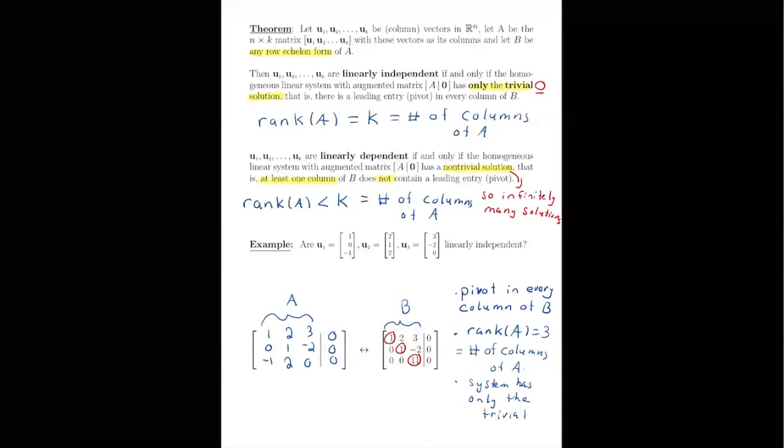So these are the things that we can look at. All right, so what is our conclusion here? The conclusion is yes. These vectors u1, u2, and u3 are indeed linearly independent.